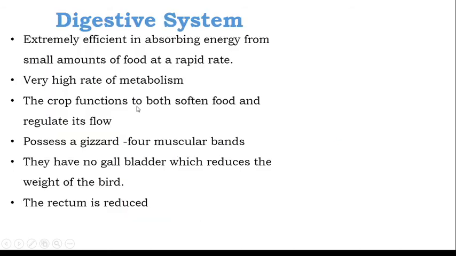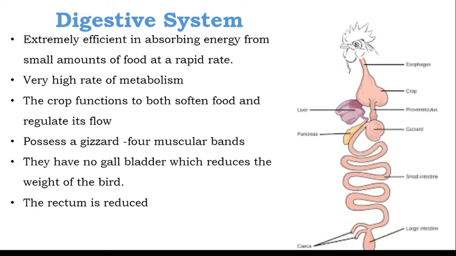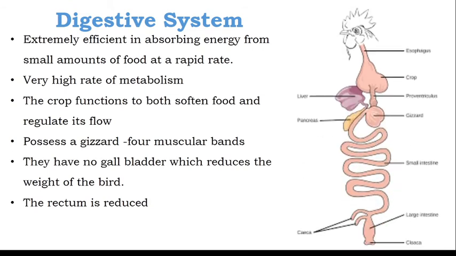Then the digestive system. This digestive system is fully modified, and birds consume high energy foods such as insects, seeds, fruits, meat, nectar, etc. So it has a very high rate of metabolism. Here is the crop.